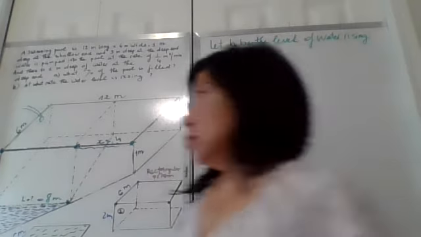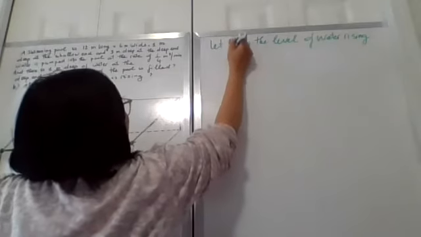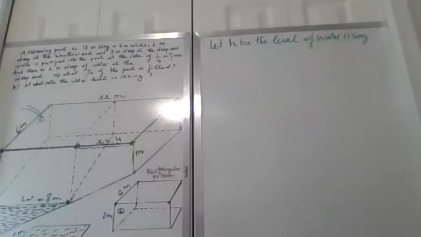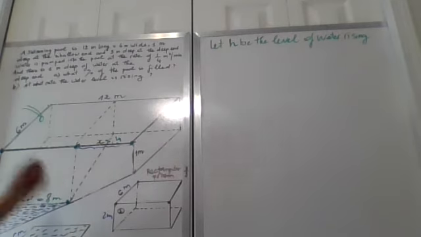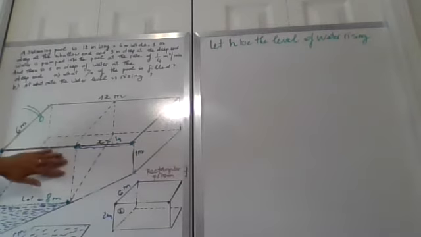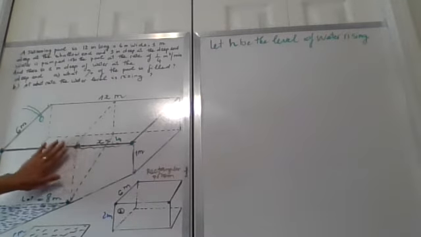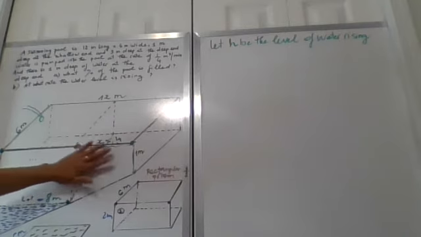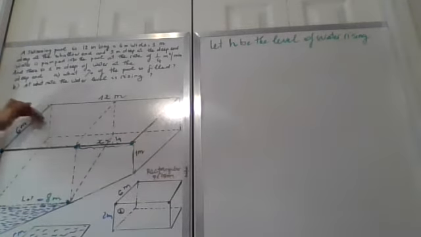So let's figure it out. Let H be the unknown variable, the level of water rising. Now, to keep the matter from getting too complicated, because we pour the water in here, the water level rising for these two figures, we can just count as one level at the same height. Say you put the water in here, and then it's rising here and it's rising here.